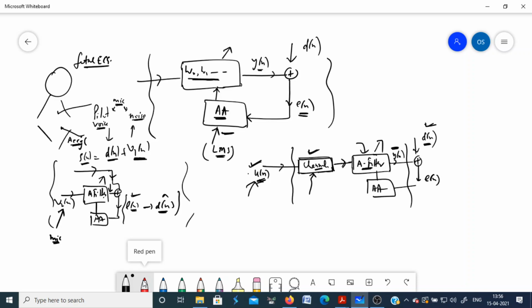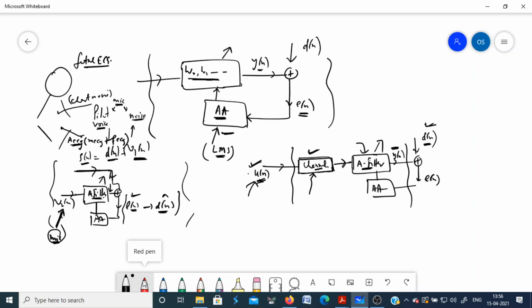Then you take a chest ECG. This chest ECG is basically the noise, which contains the ECG of the mother only, and the abdominal ECG is the maternal ECG, MECG, plus fetal ECG. So this abdominal ECG I will give here, and this chest ECG I will give here.